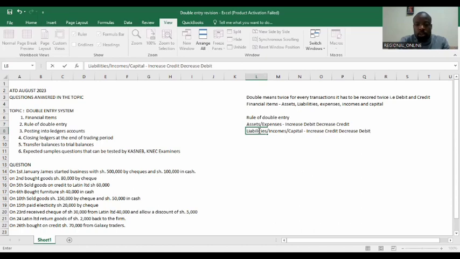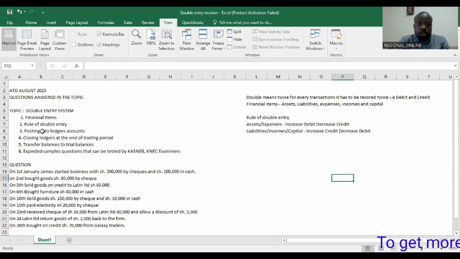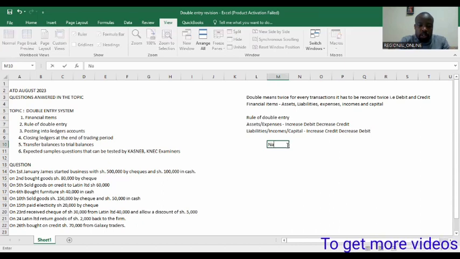That is the simple rule that you can follow. So the rule is how you post them into the ledger account, and the ledger account is always a T account, with the name of the account.